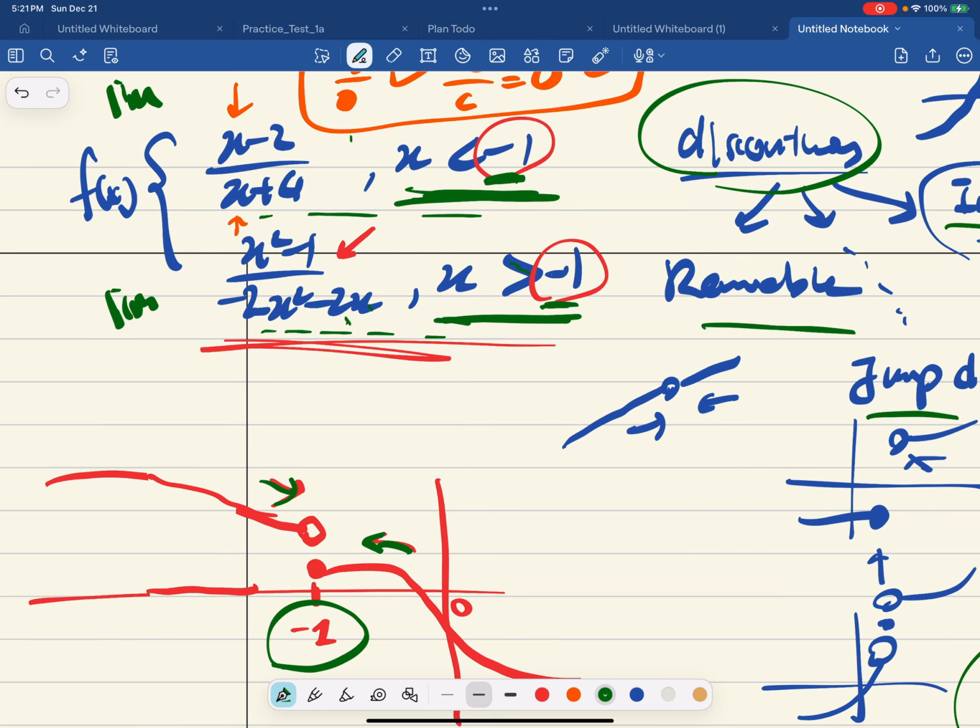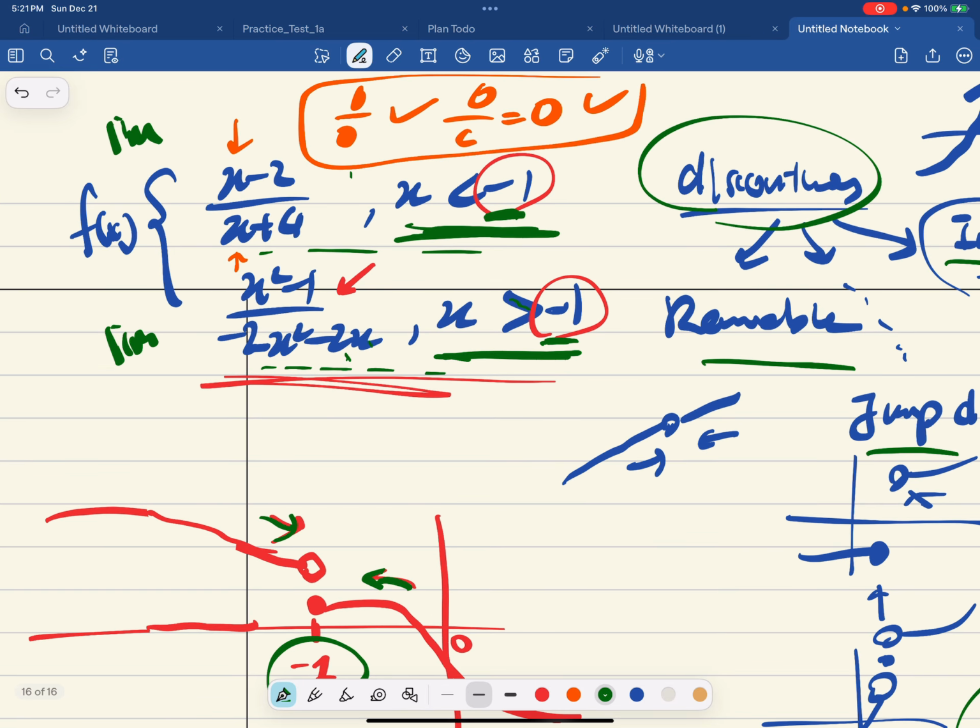Other than that, where it is possible to look for if it is discontinuous or not is when the bottom is 0. You have to make sure that the bottom is definitely not 0, or the inside of a log is positive, or inside of a square root, even a square root has to be positive. Those will come in, but in most cases it's only about when the denominator is not 0.